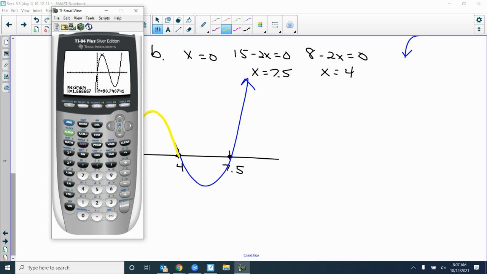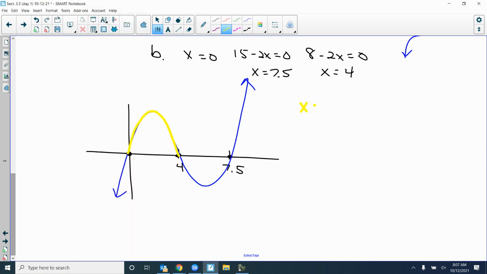My y value is 90.74. So x equals 1.67, y equals 90 point, was it 74, I believe? Okay. So first let's answer the question. Madison Lloyd, what's the maximum volume?